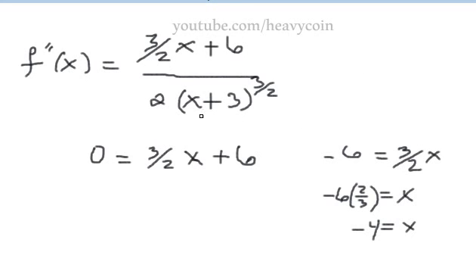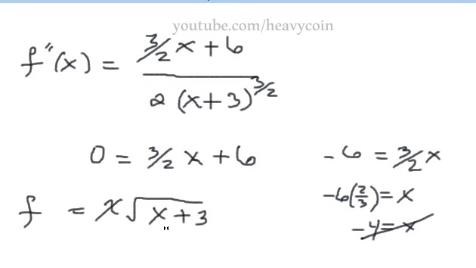Anyway, so not in the domain of the original function. Remember, it was x plus 3. It was x and then x plus 3, right, was the original function here, f, and you can't plug -4 into this guy right here.